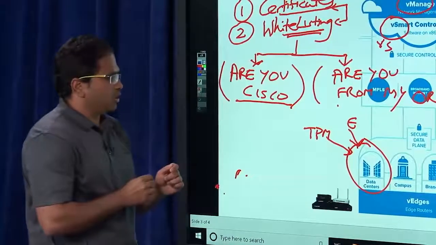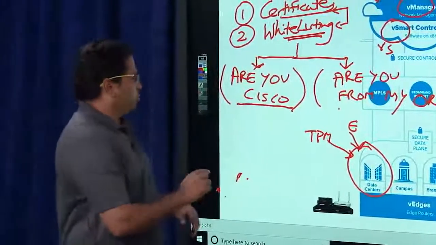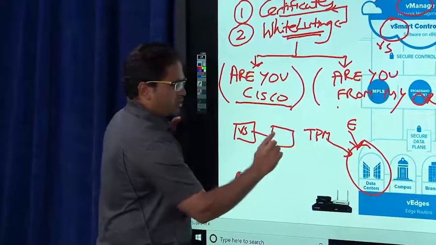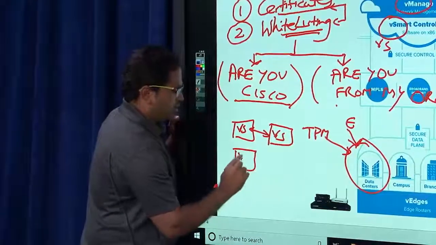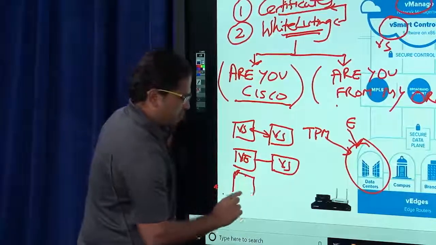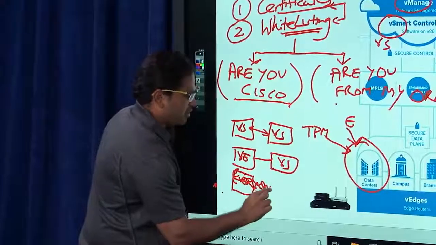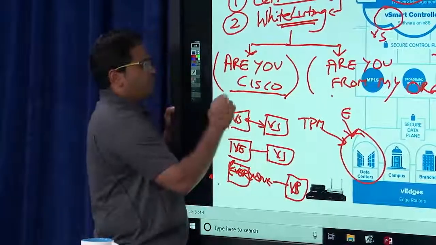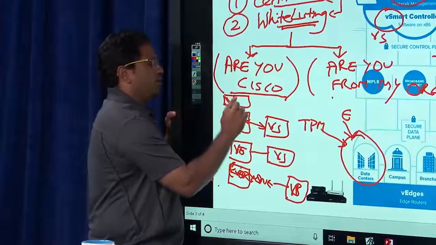So the control plane essentially resides between the controllers, between vSmarts, between the edge and the vSmart, between everyone and the vBond, because the vBond is a server, and between everyone and the NMS we manage.